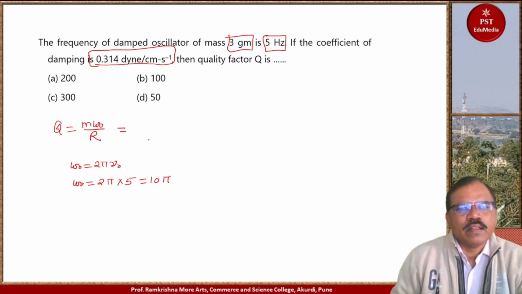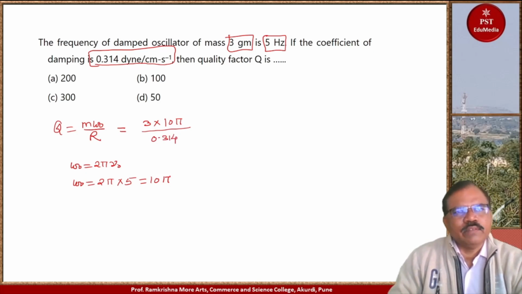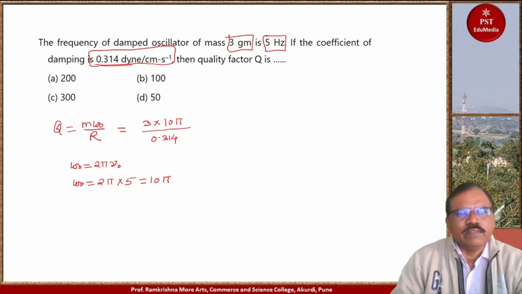So m is 3, into omega 0 which is 10 pi, divided by 0.314 because R is 0.314.